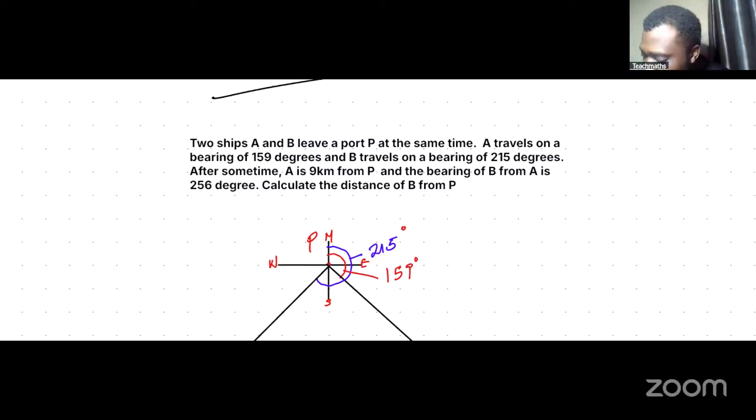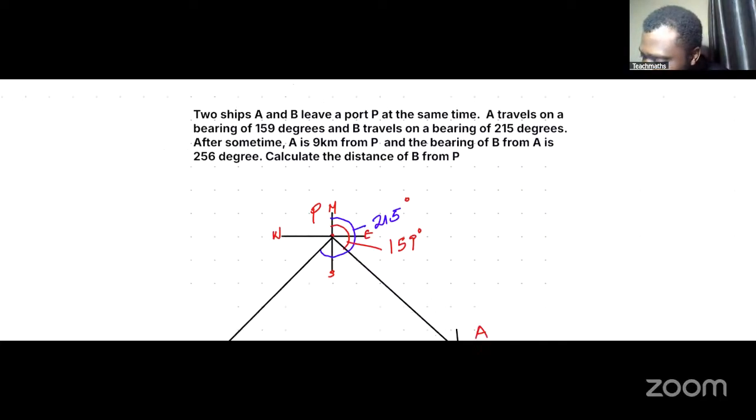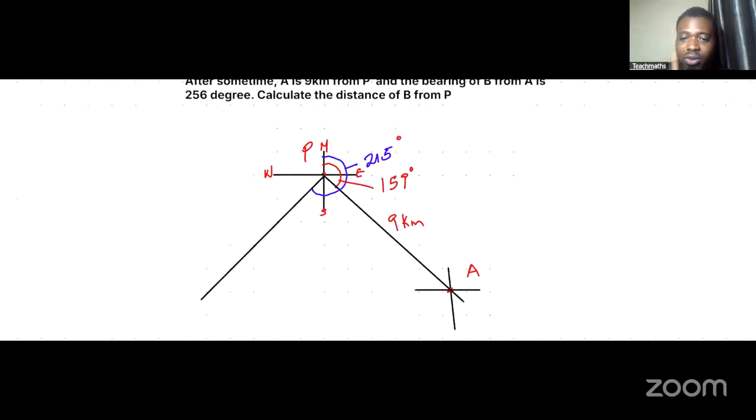I decided to create the cardinal points at point A also, because every point has its own north, east, south, and west.